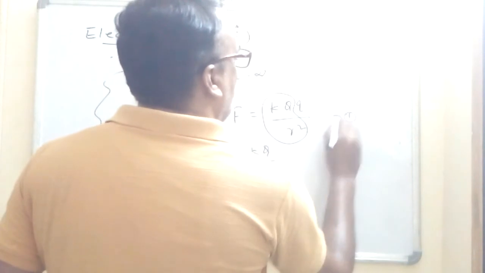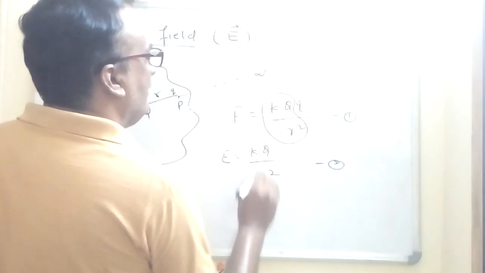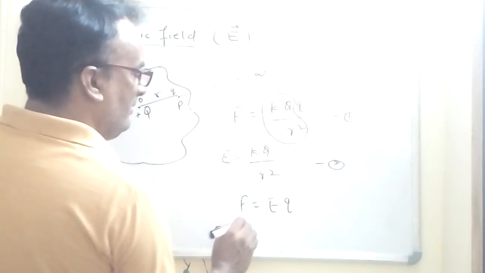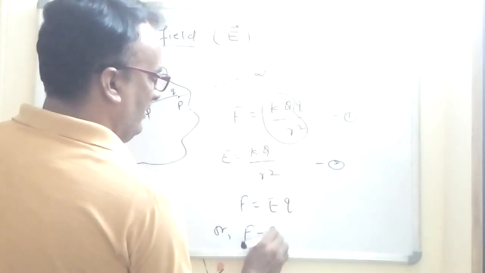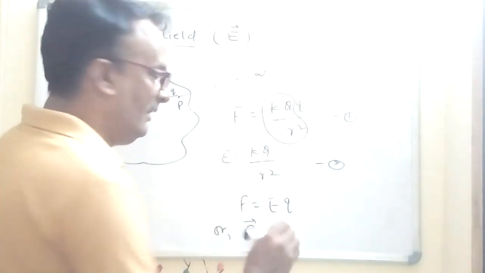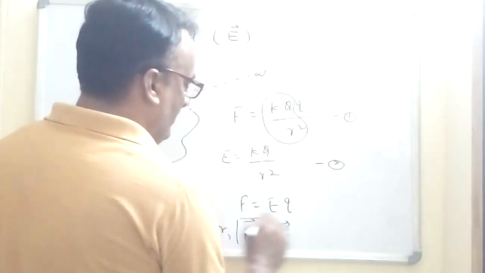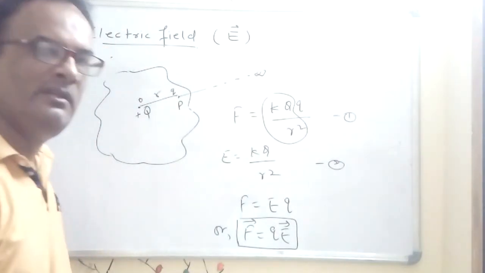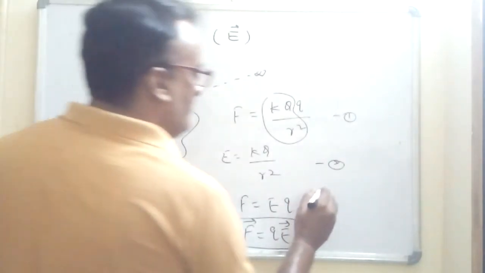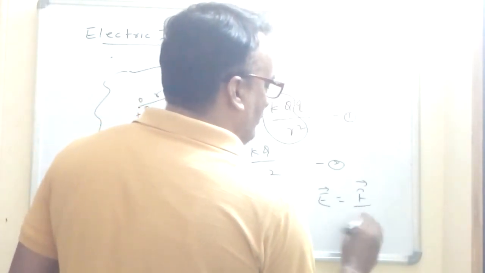So with the help of these two equations, we come to know that F equals E into q, that is Eq, or you can say force equals qE. Because force is a vector quantity, the electric field is also a vector quantity. This is a very beautiful relation that comes out here, right? So the electric field E equals F upon q.